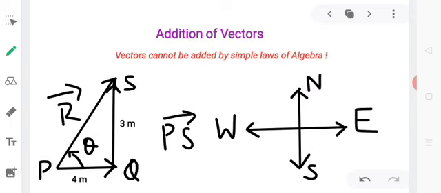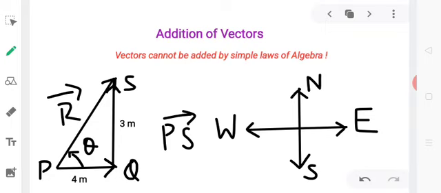And going back to the diagram, the angle theta, which gives the direction of displacement PS, is neither towards east nor towards north, but is north of east. Now from this example we can understand that vectors cannot be added by simple laws of algebra.